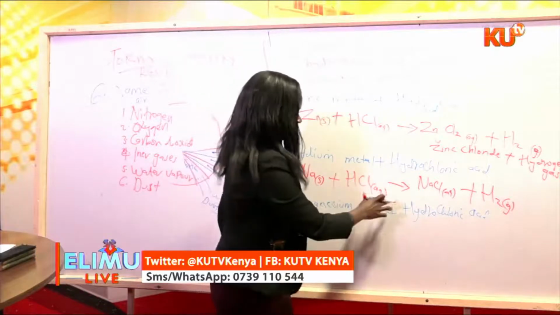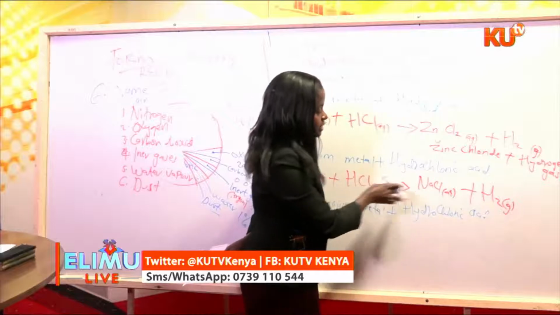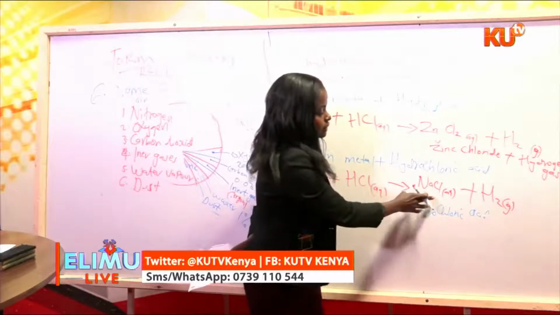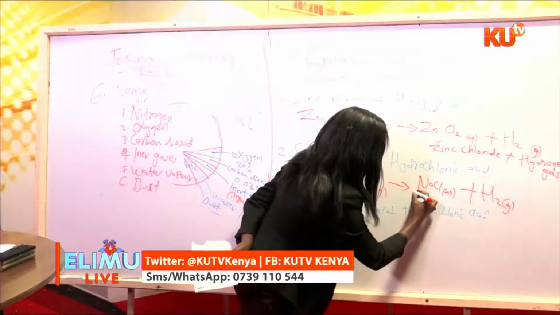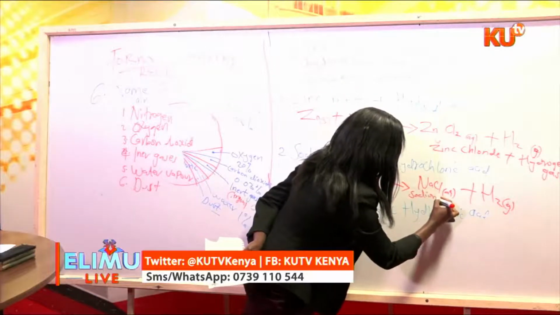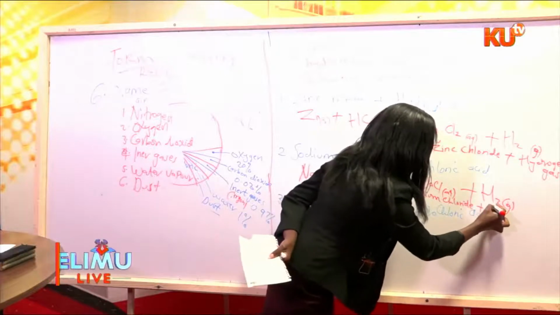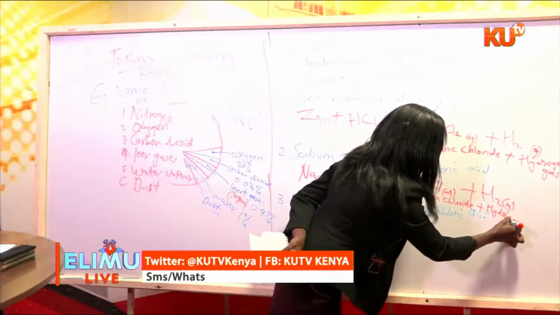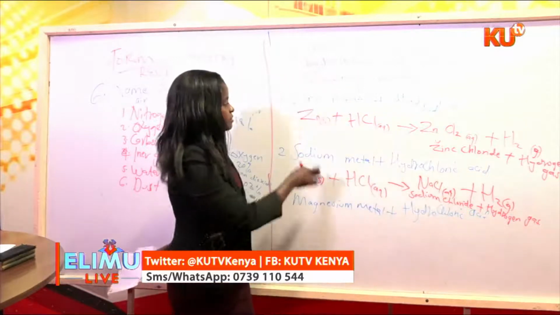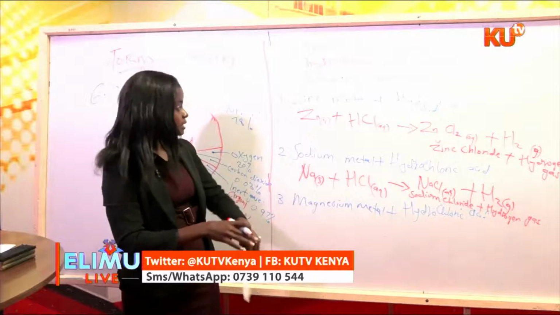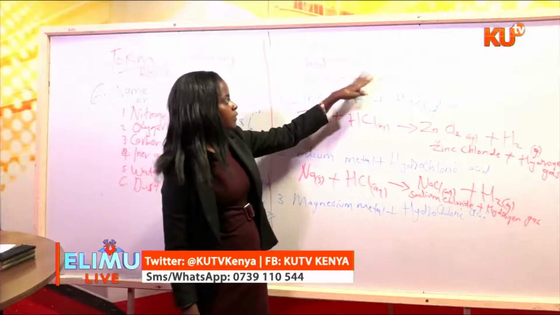So this is sodium chloride. When you mix sodium metal with hydrochloric acid, you're going to get sodium chloride plus hydrogen gas. So we call it sodium chloride plus hydrogen gas, the same way we did the first one, because we are just mixing with one aqueous solution, which is hydrochloric acid.